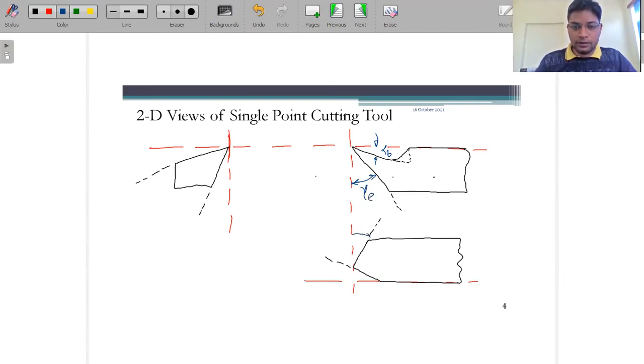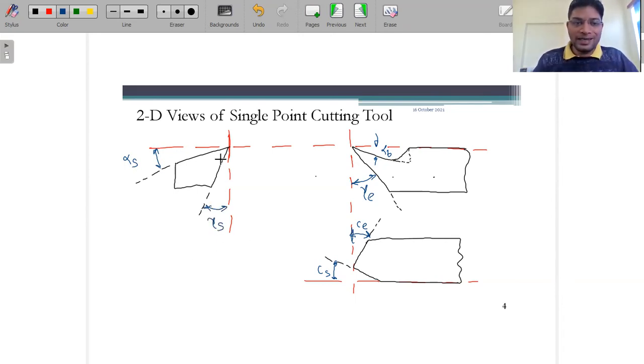Sorry, end cutting edge angle. This is the end cutting edge angle, and this is the side cutting edge angle, this is CS. From the horizontal, when you see the side view, that is alpha S, the side rake angle, and the angle which remains is gamma S, that is side clearance angle.